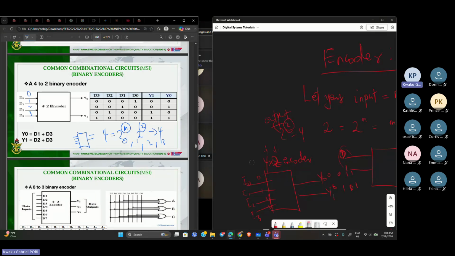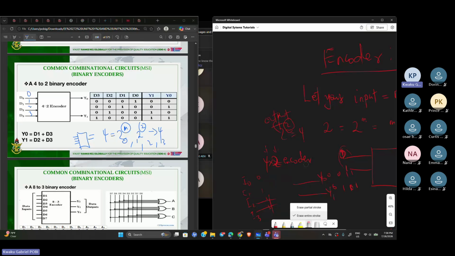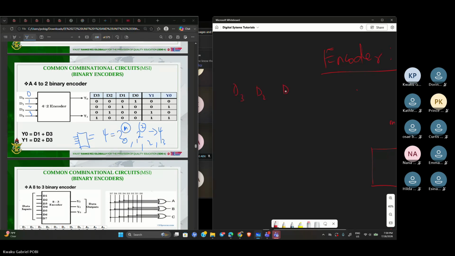Let me use my whiteboard so that you see this clearly, because we have 1 minute. Please pardon me. Let's use this example to understand this. And then D0, have Y1 and then Y0. Let's see how we fill this table.